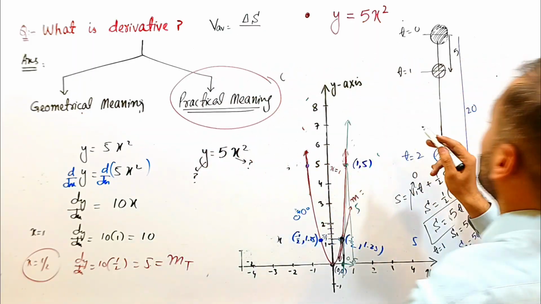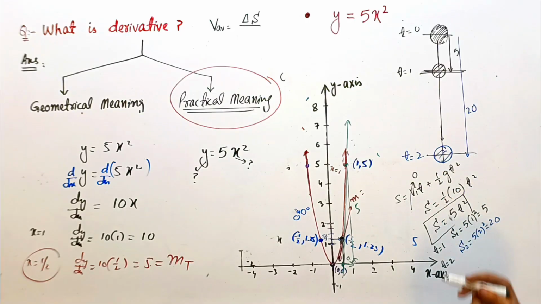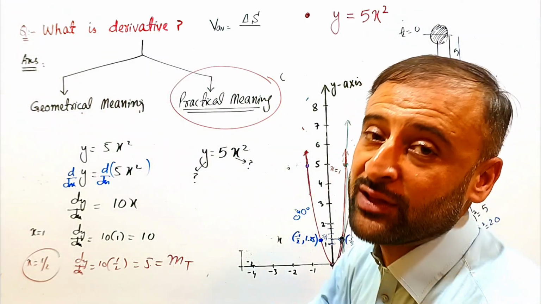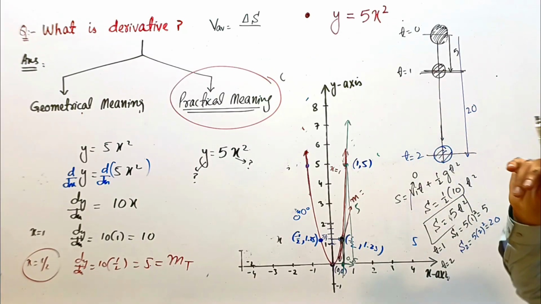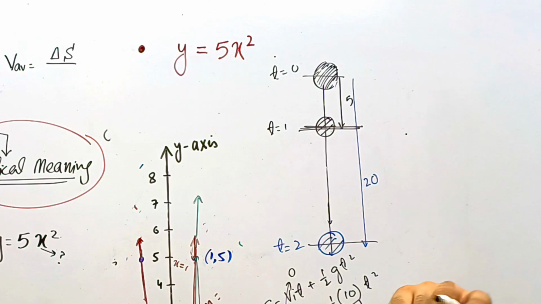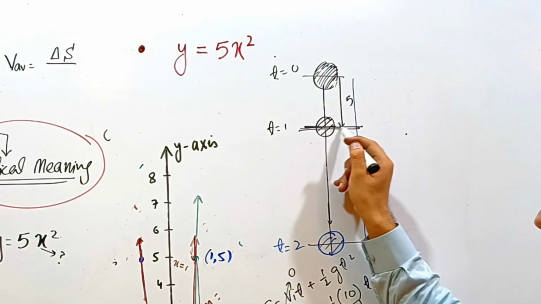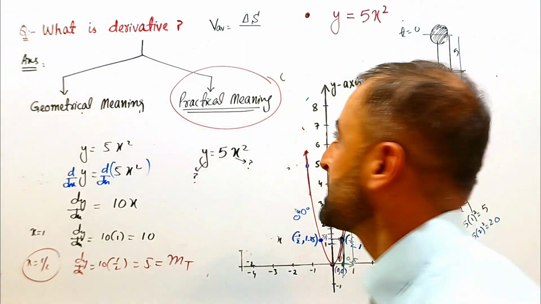I want to find the velocity when the body goes from this point to this point. The body is continuously accelerating. Of course, these are infinite points, and at each point, the velocity will be different. When somebody asks you to find the velocity from this point to this point, of course, you will find the average velocity.